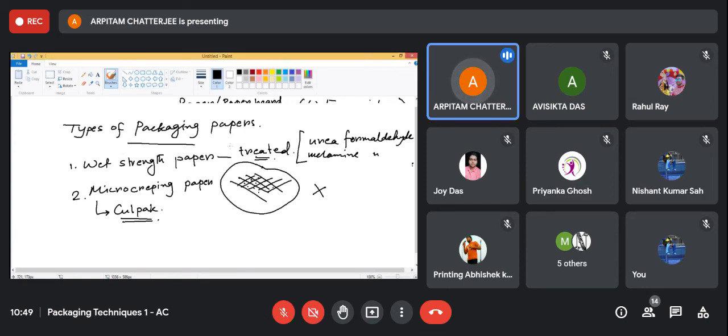The next type of paper is called grease-proof paper. Grease-proof paper, as you can understand from the name, has a very high level of grease or oil resistance.